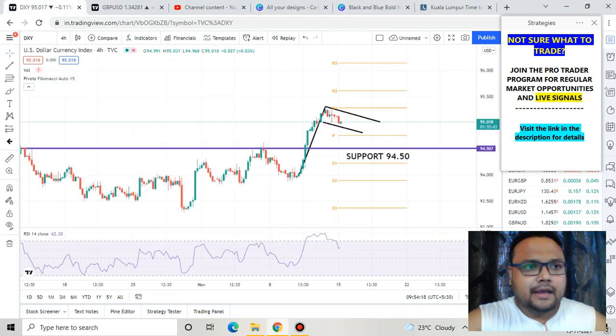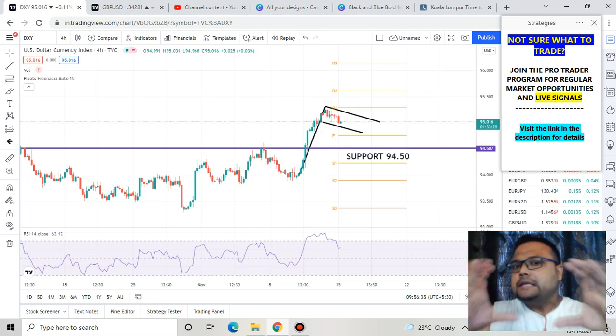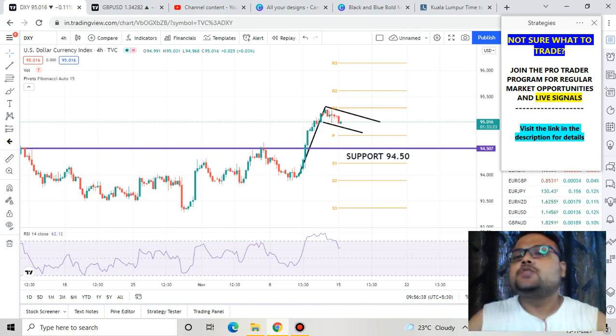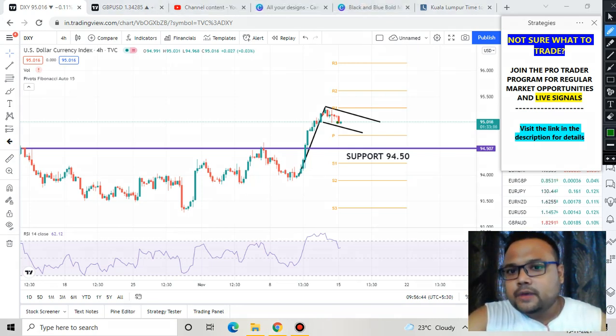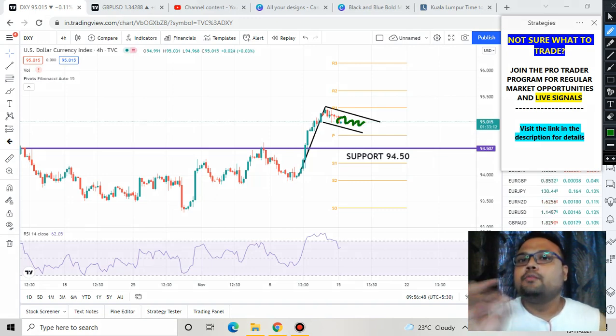And if you look at the chart of DXY, also US dollar, then again, as per our expectation, the correction is going on DXY. DXY is taking rest right now. So just keep in mind, as long as DXY is trading between these two lines, you will not find huge movement in the market.